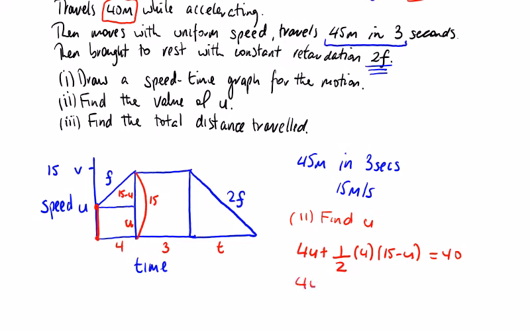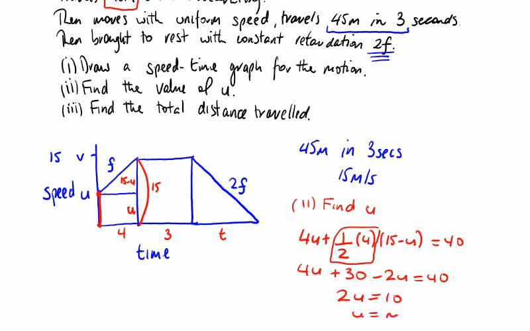So 4u, and this is going to give us a 2 by 15, plus 30, and 2 by minus u, equals 40. So we're going to get 2u is equal to 10. So u is 5 meters per second, 5 m/s, whatever way you choose to write it. So that's u, we've got as 5.